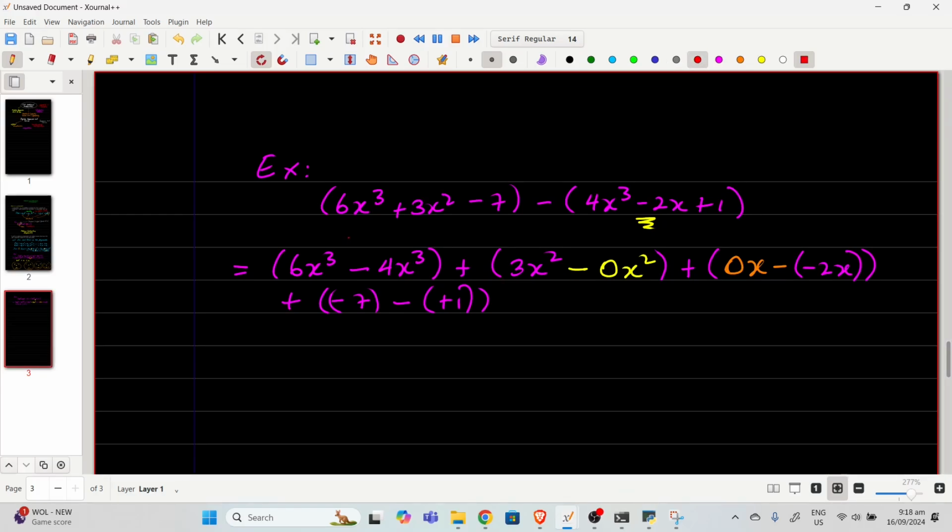We can see that this here gives me 2x cubed. This here is 3 minus 0, which means that we just have 3x squared. This here combines and gives me a positive sign, so it's 0x plus 2x, which is just simply positive 2x.